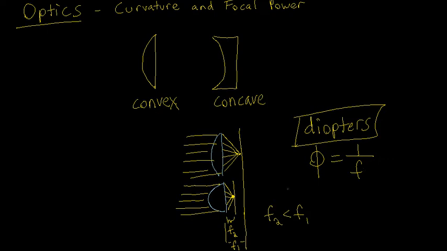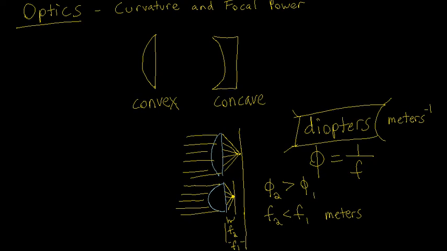So in this case, the diopters of the second lens would be greater than the diopters of the first lens. And since focal length is generally given in meters, this means diopters is actually just inverse meters. And this unit should have meaning to a lot of people because this is actually the unit they use in determining the power of the prescription for your glasses. They are literally calling out the focal power necessary in your glasses.